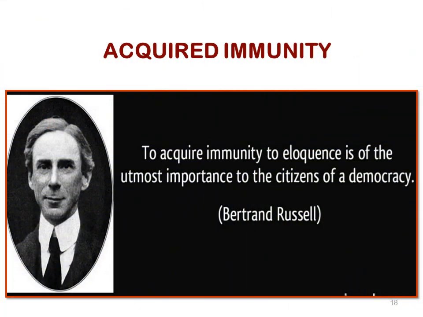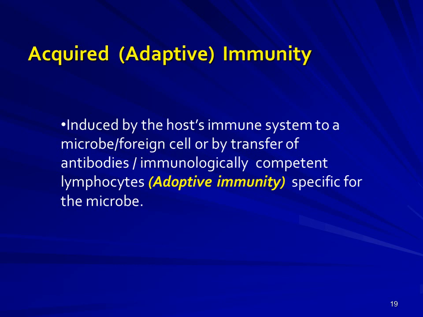And the next one is the acquired immunity. This acquired immunity is induced by the host immune system to a microbe, a foreign cell, or by transfer of antibodies or immunologically competent lymphocytes specific for the microbe. So this is induced by the host immune system.